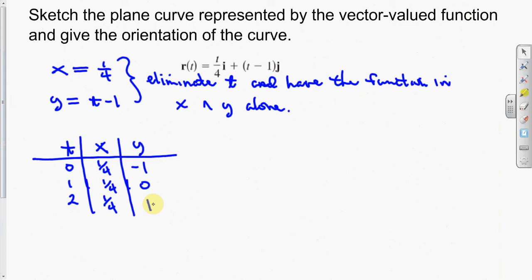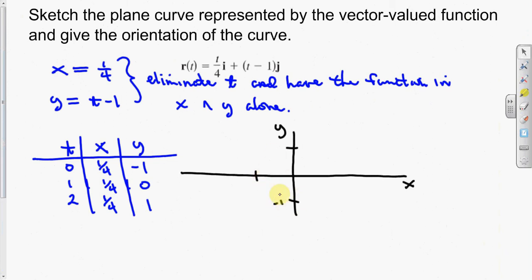Let's look at it. Let's graph. Here we're going to graph with respect to x and y. Just plot points, right? So that's 1/4.